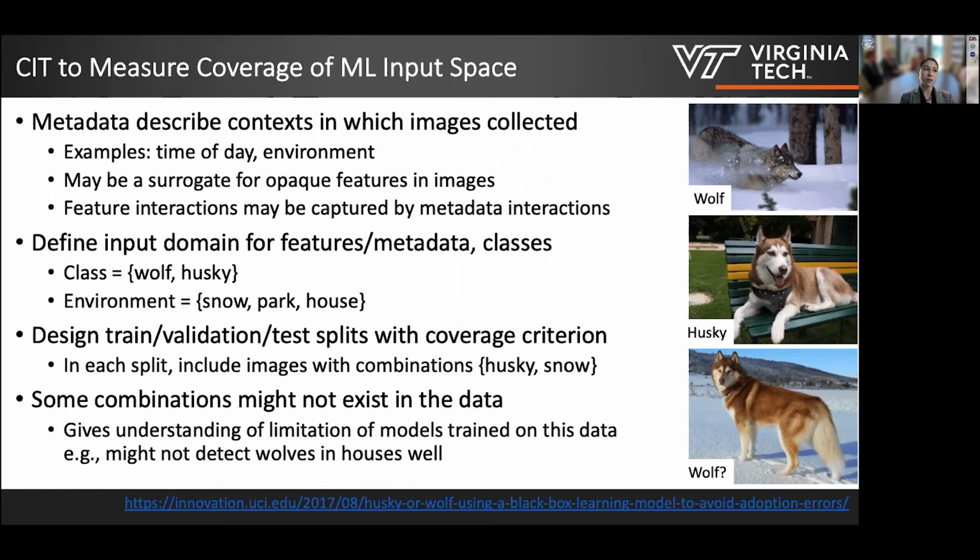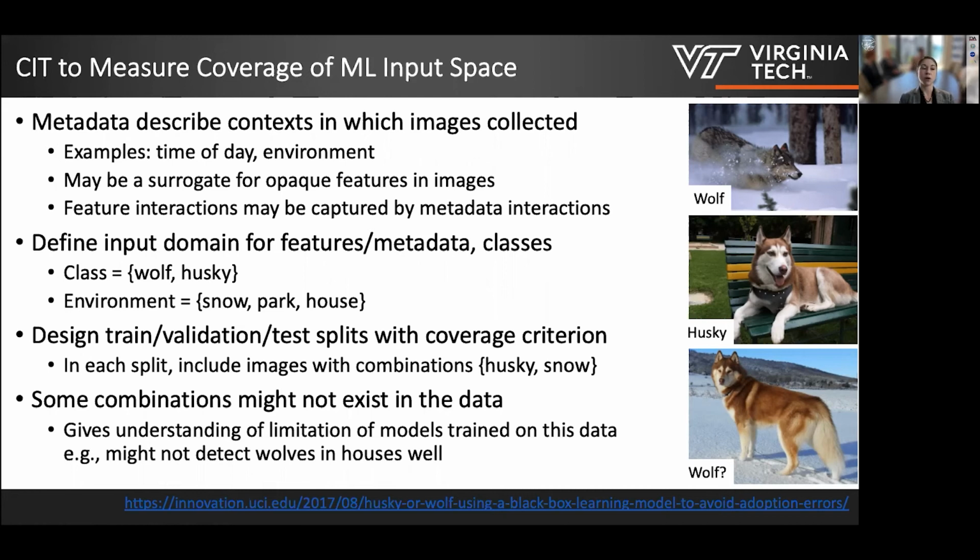And then further, some of these combinations just might not even exist in the data. So using combinatorial interaction testing to measure coverage could give us an understanding of the limitations of models trained on the data. For example, if we don't have any images of wolves and houses in our train or our test set, then we might suspect that our model might not detect wolves and houses well.